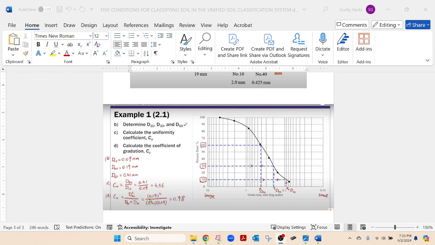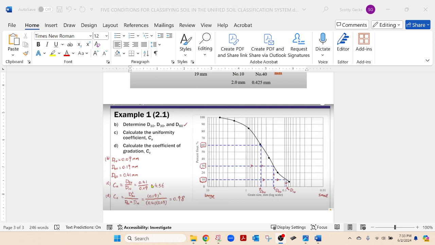So we have to get numbers to get this particle size. These D's are the diameters of particles that are passing: 60% passing, 10% passing, 60% passing, and 10% passing. We need those particle sizes.